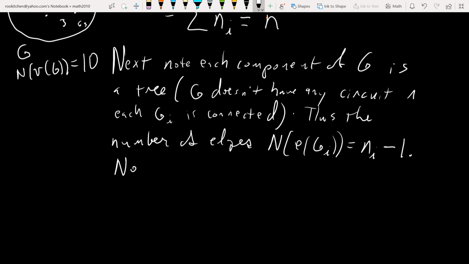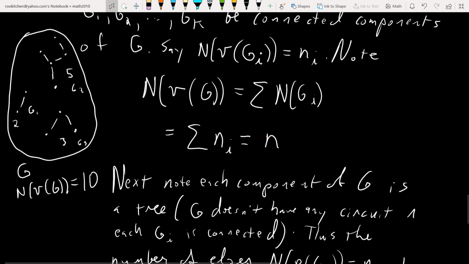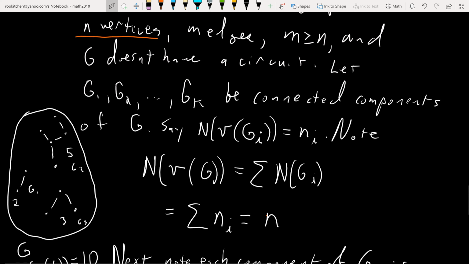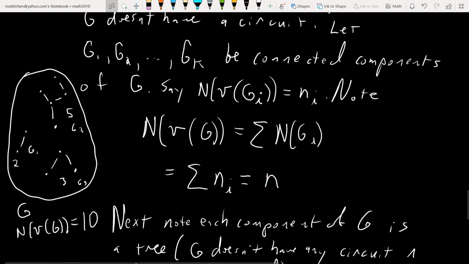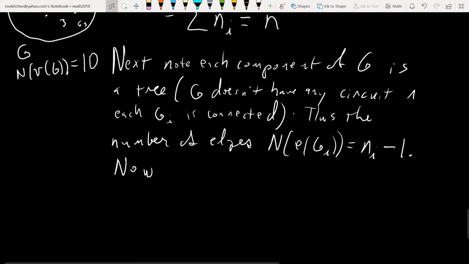Now let's think about the number of edges on G, the whole graph. The number of edges on G should equal the sum of the number of edges from each of the components. If you look back at that graph to find the number of edges on G, just add up 1, 2, 3, 4, 5, 6, 7. There's 7 edges on G. So we could write that out in our notation now.